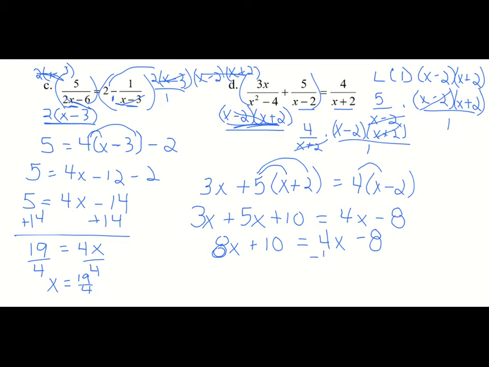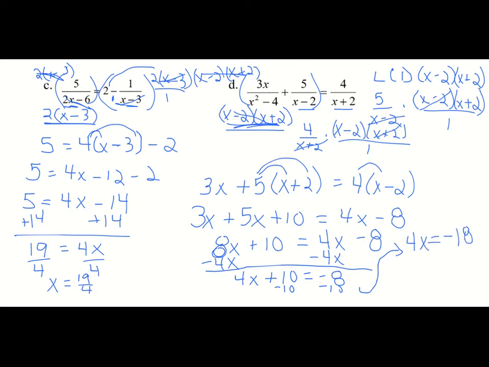Let's subtract 4x from both sides. So I end up with 4x plus 10 equals negative 8. Subtract 10 from both sides, and we end up with 4x equals negative 18.